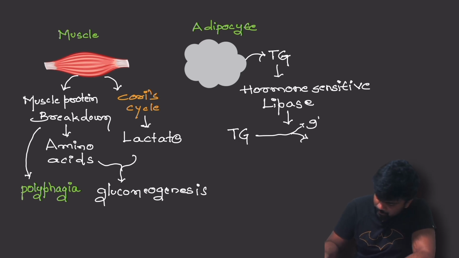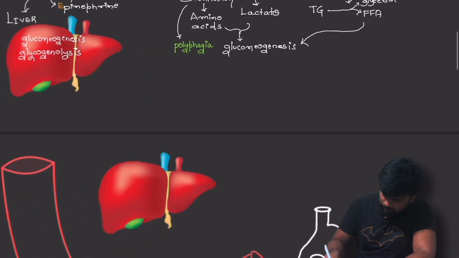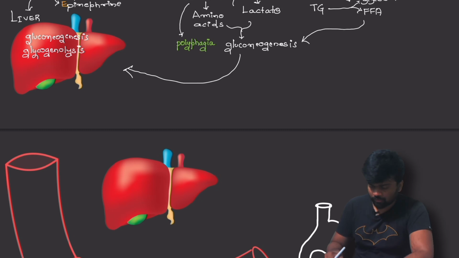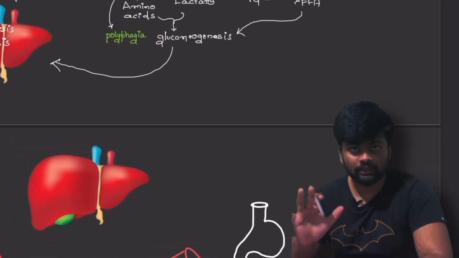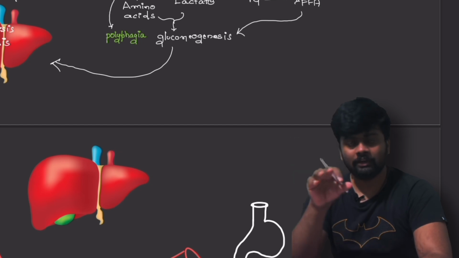One is glycerol, another is free fatty acids. This free fatty acid also enters into gluconeogenesis. So this gluconeogenesis all takes place in the liver. So all the three processes converge at the liver. Now let's study what happens actually in the liver and blood.